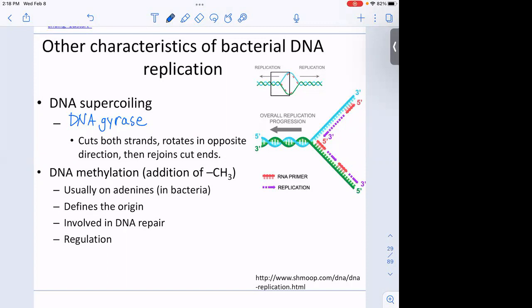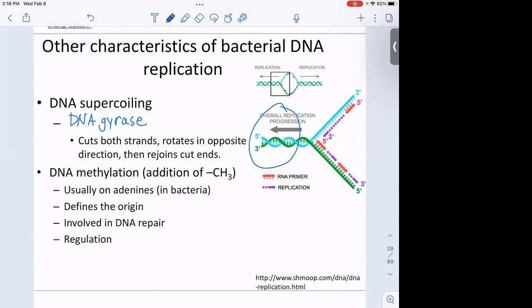So again, anytime you have an enzyme that's unique to a bacteria, we have antibiotics that target DNA gyrase. Okay, we can capitalize on that. Again, that cuts both the strands, rotates it back around and seals the strands up again. And that's happening, we would say, upstream here of the replication fork.